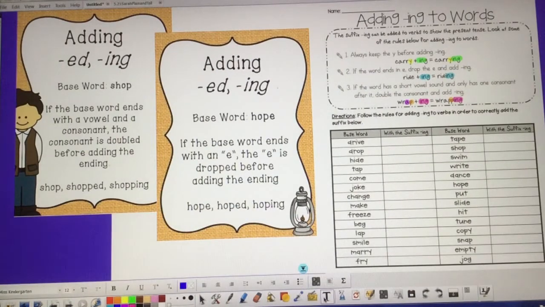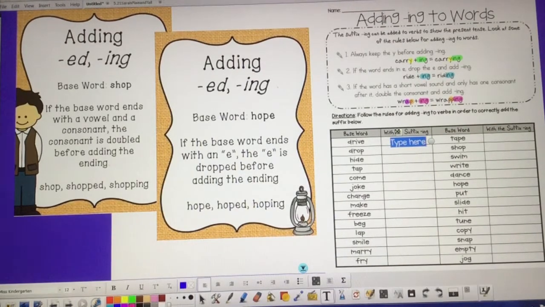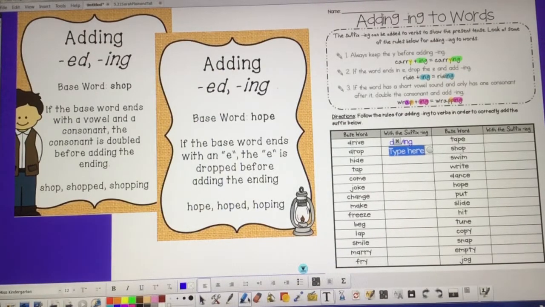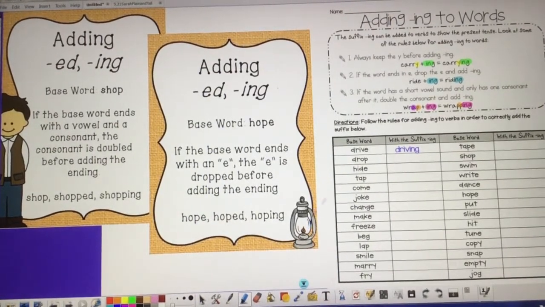So the first one, drive. It ends with the E, and if I go up to rule number 2, if it ends in E, remember I'm going to drop it, and then I'm going to add ING. So DRIV, drop the E and add ING for driving. Next one we have drop. Drop. It's a short vowel. So it has a vowel, consonant.